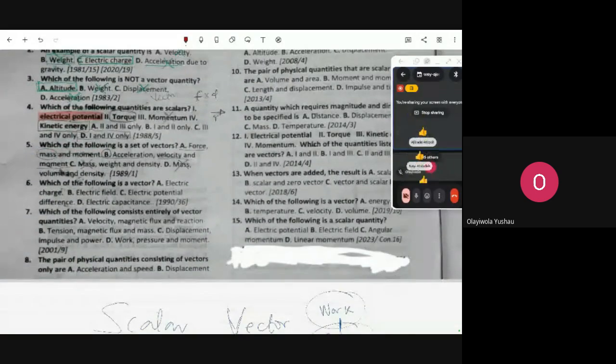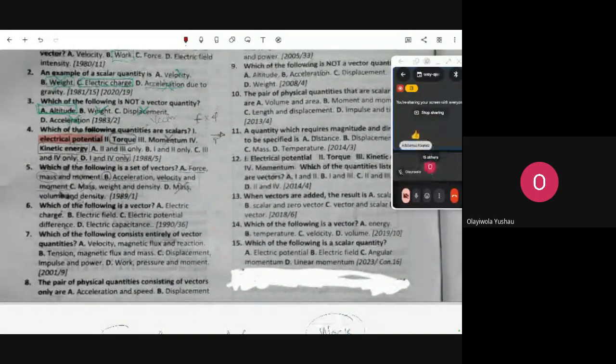Okay. Question 6. Which of the following is the vector? Now we're looking for a vector. Remember, you already have the scalars: all fundamental and SWEEP. Electric charge is fundamental, so this is not the answer. Electric field, we don't know anything about it yet. Let's leave it. Electric potential difference, electric capacitance, we don't know about them either.